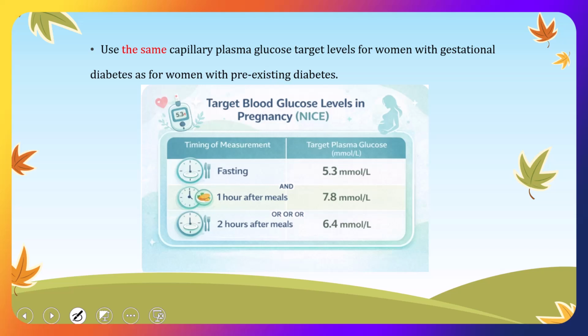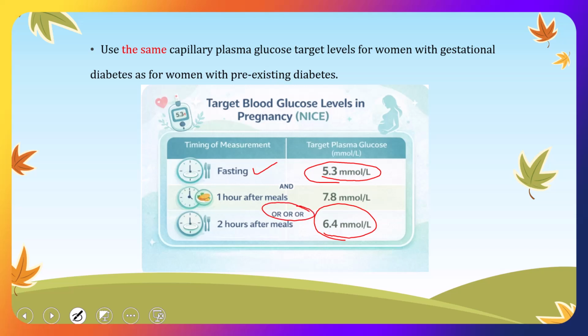This is the same for gestational diabetes mellitus as well as for the woman having pre-gestational diabetes. Now, in this, the fasting glucose level should be 5.3 millimole per liter and 1 hour after meal is 7.8 millimole per liter, or 2 hours after meal is 6.4 millimole per liter.